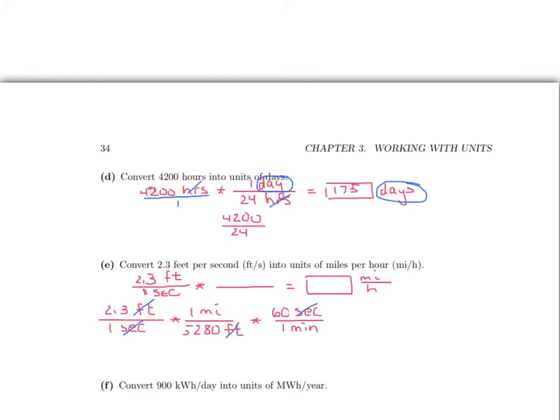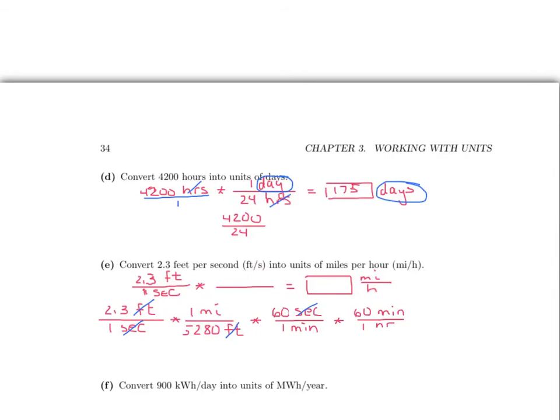So now what I'm going to do is multiply by a conversion factor that will get me from minutes to hours. And I know that there are 60 minutes in 1 hour. And I know that this is the right conversion factor.